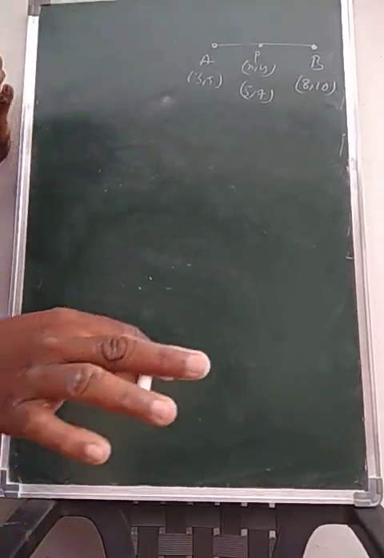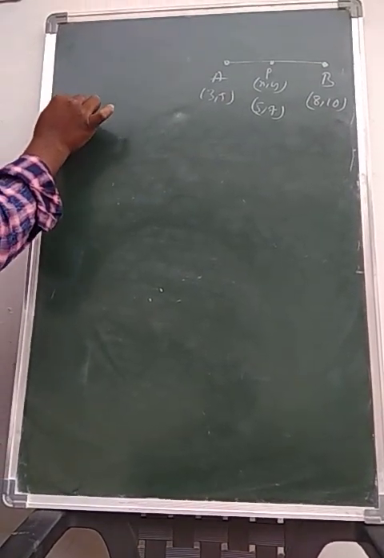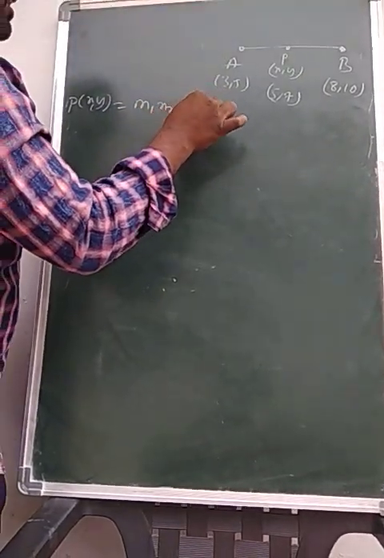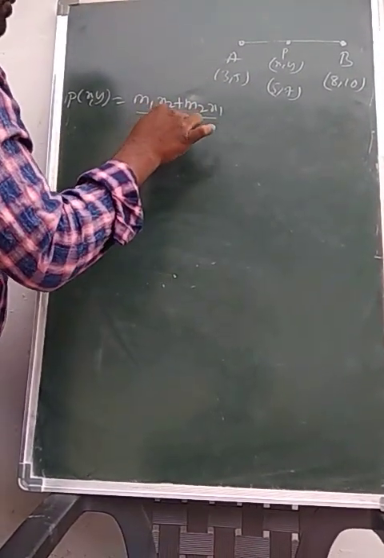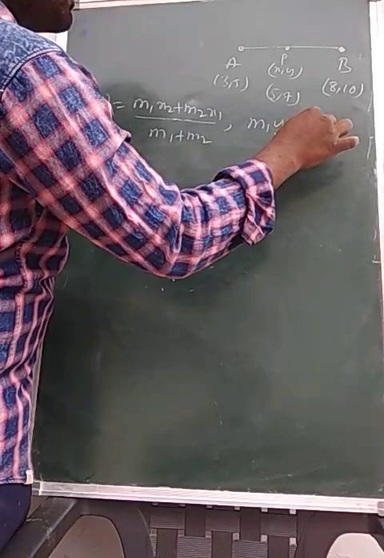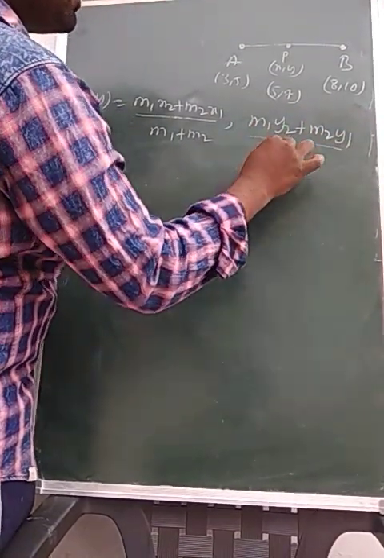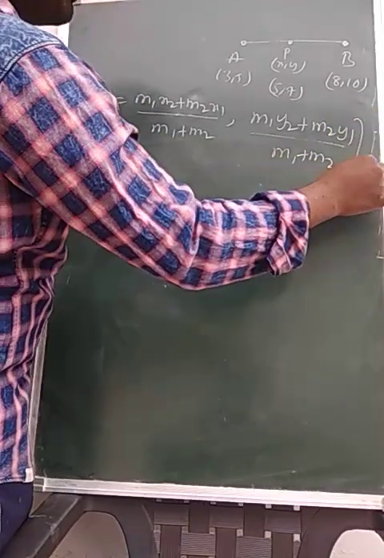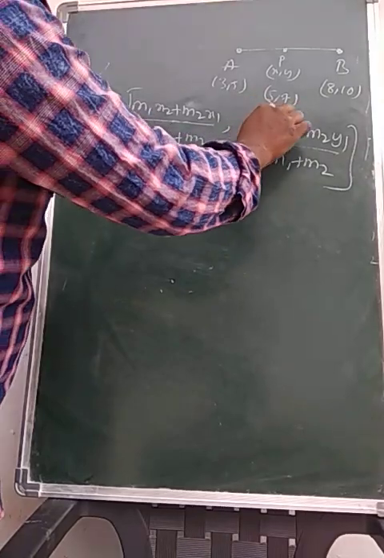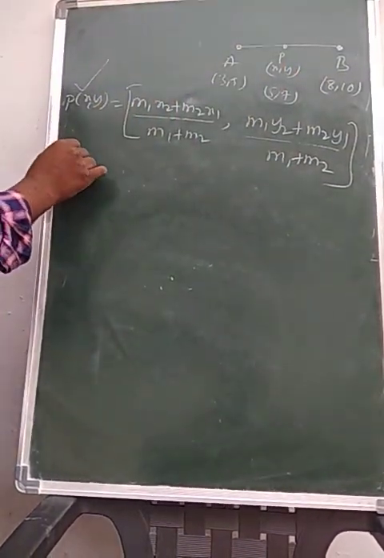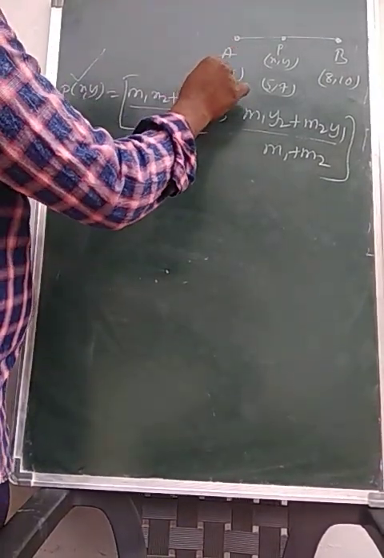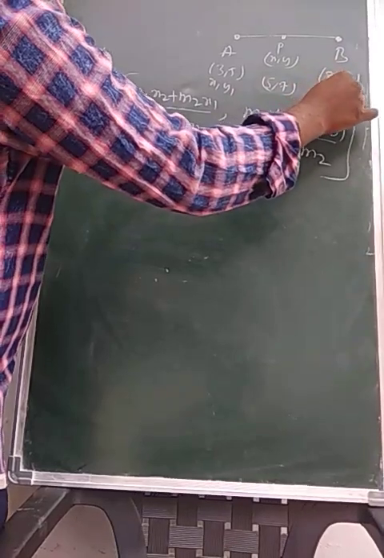The same formula, the section formula only. P(x, y) is equal to (m1 x2 plus m2 x1) by (m1 plus m2), comma, (m1 y2 plus m2 y1) by (m1 plus m2). Clearly we know the point P(x, y) is (5, 7). You write (5, 7) is equal to, taking A as x1, y1 and B as x2, y2.